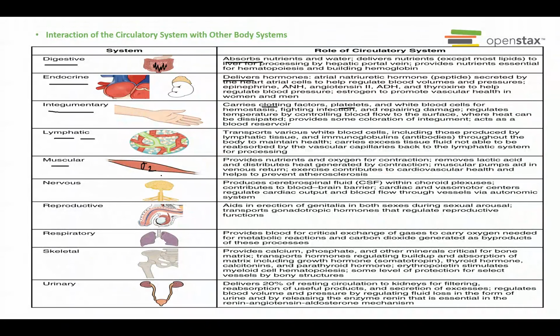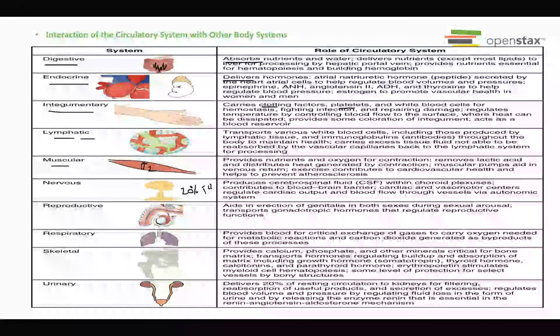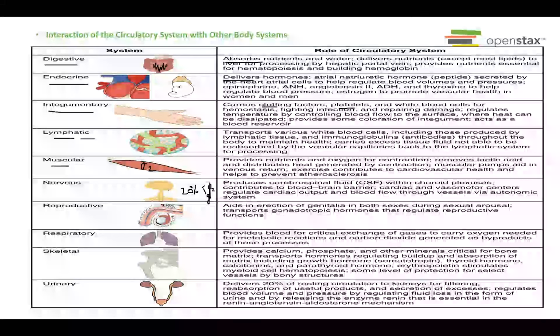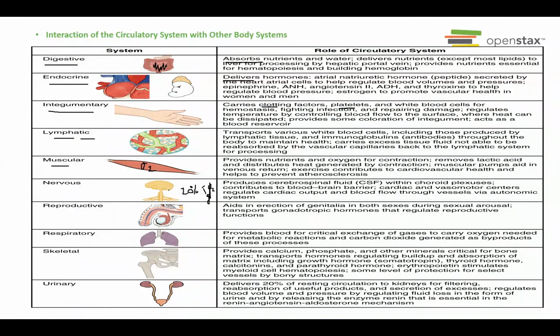The nervous system also requires a lot of oxygen. Our brain requires maybe around 20% of the oxygen and 20% of the glucose. Oxygen and glucose, so you can imagine that. The blood delivers this necessity for the brain, and if we have a problem with this delivery, then someone will get a stroke.